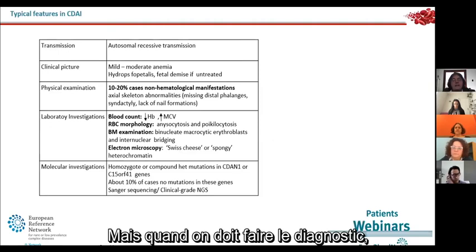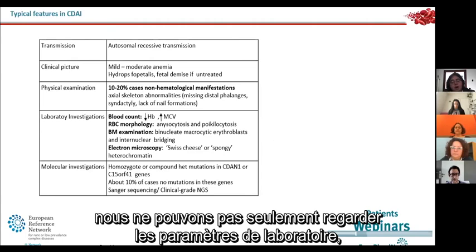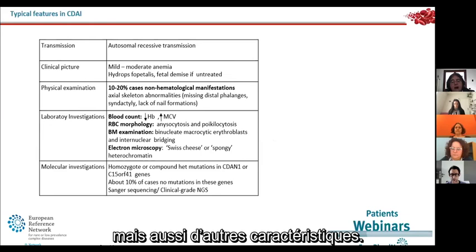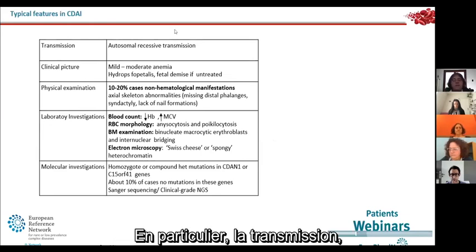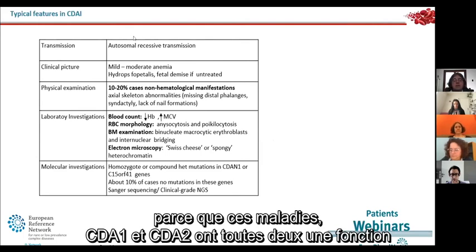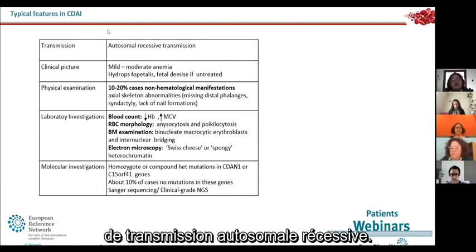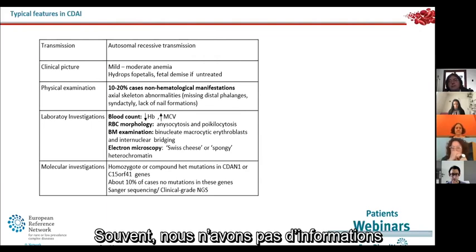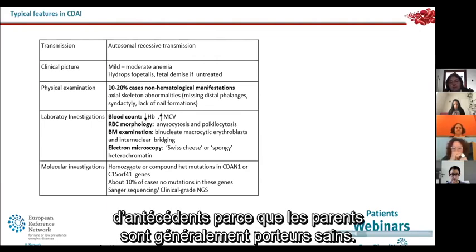But when we have to make the diagnosis, we cannot look just at laboratory parameters, but also at other characteristics. In particular, the transmission, because these diseases, CDA I and CDA II, both have an autosomal recessive transmission. So often we don't have information in the family because the parents are usually healthy carriers.